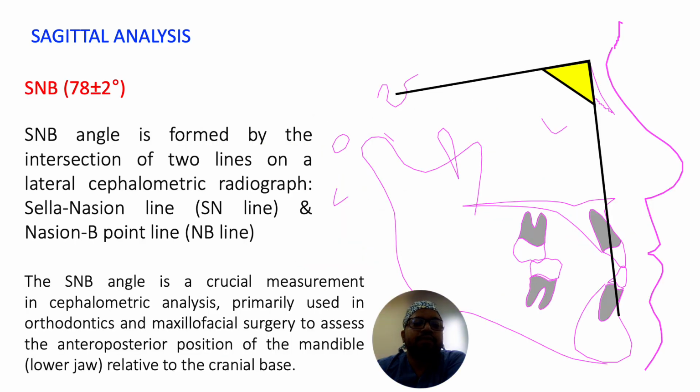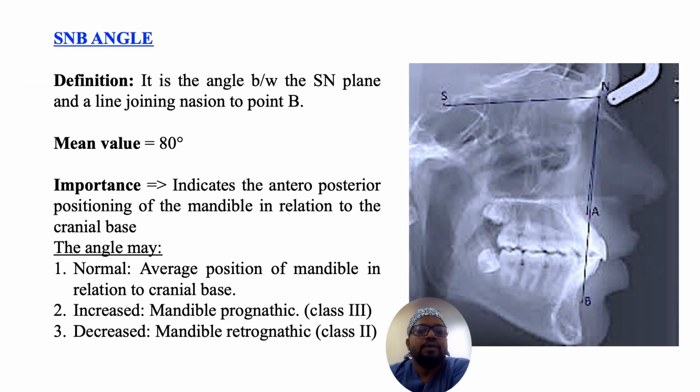Next, SNB, very easy. SN line and NB line. This is also very important to understand the mandibular position because point B is on the mandible. In short, the normal value is 80 plus or minus 2, and when increased, the mandible is prognathic, and when decreased, the mandible is retrognathic.